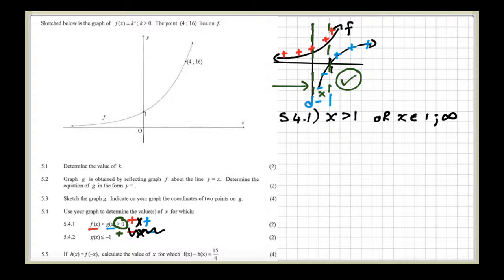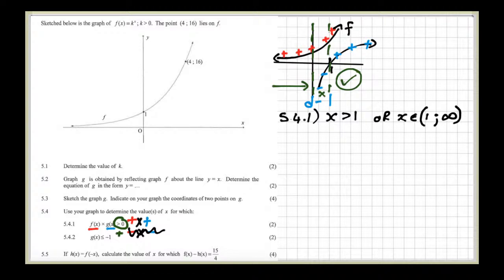Now 1 is not included because they didn't say equal to 0, and infinity is never included. Therefore, it always gets a round bracket.